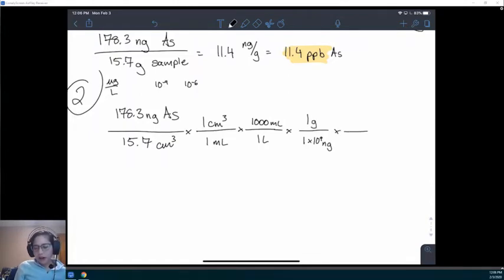And then in 1 gram, there is 1 times 10 to the 6th micrograms. Because I don't know how many nanograms are in 1 microgram, I feel like I would mess that conversion up. But I know how many nanograms are in a gram and how many micrograms are in a gram, so I can just use that to get to the unit I want. So I don't have to memorize all these in-between units.